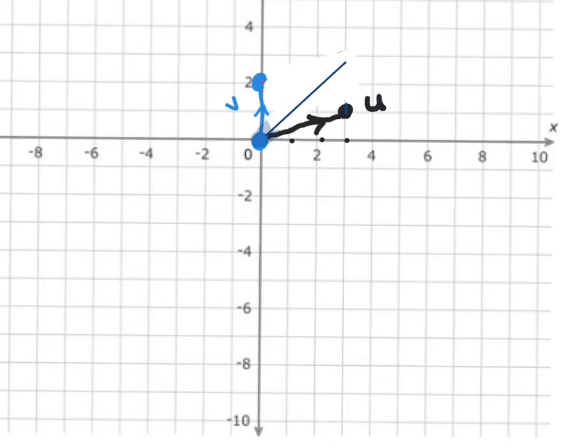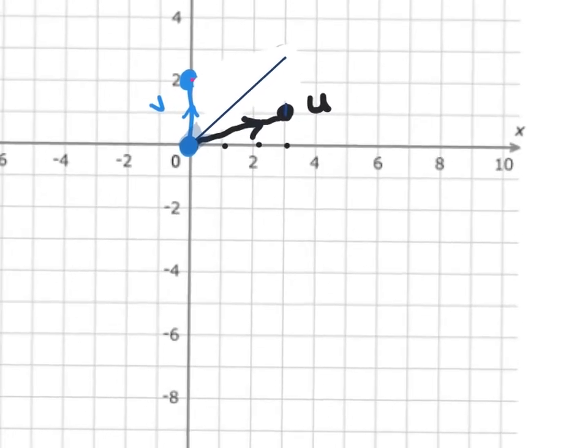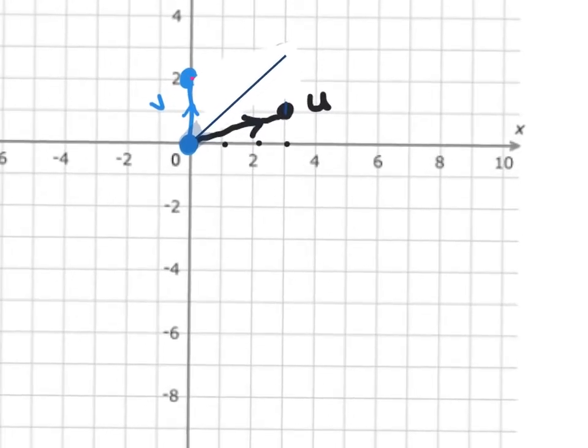Just ignore the line because I can't erase it the same way. This time it's U minus V. So the V changes to be negative V, which means instead of pointing it up, I point it the opposite direction. So this would be negative V. It points the opposite direction, away from the positive.